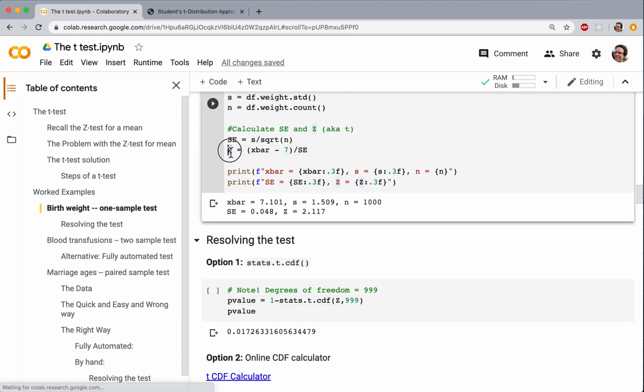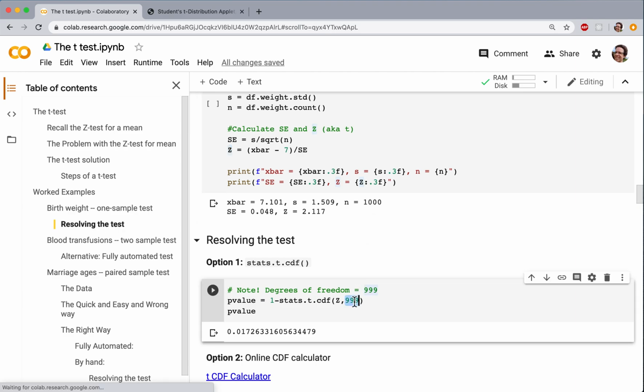I have to plug in the prior calculation of z, which is 2.117, and I have to plug in the degrees of freedom. I could write just as well n minus 1 here. N is 1,000, so I'm plugging in n minus 1 for the degrees of freedom. And when I calculate this, then I'll get this value for the p-value.